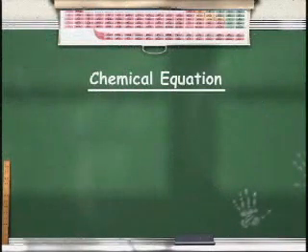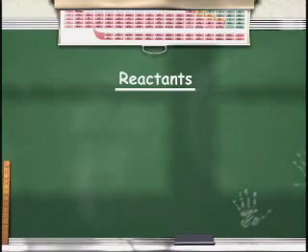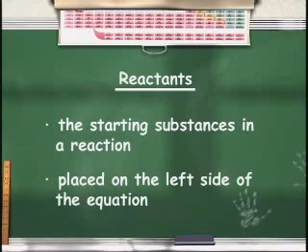A chemical equation is a shorthand way of reporting the details of a chemical reaction. Reactants are the starting substances in the chemical reaction and are placed on the left side of the equation.